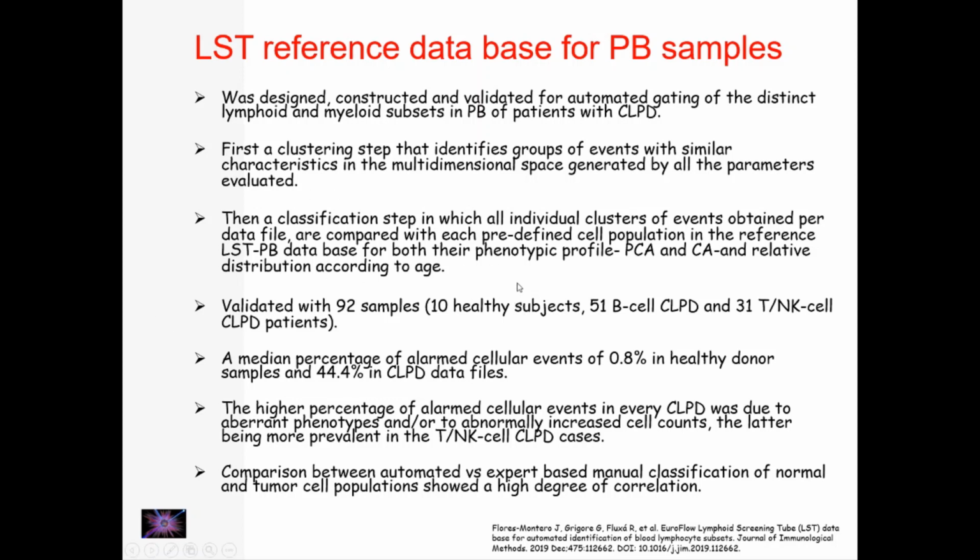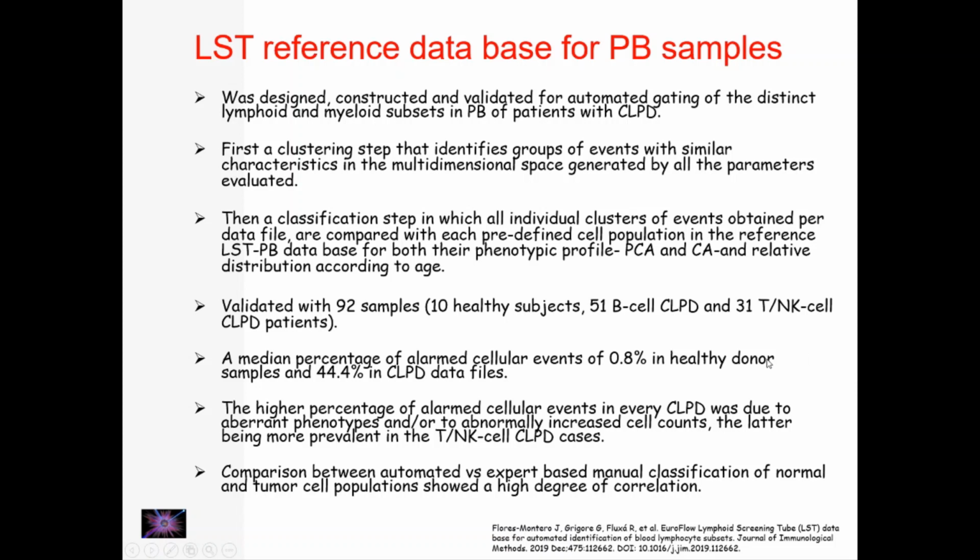And this database was validated with 92 samples of 10 LC subjects, 51 B-cell CLPD and 31 T and NK cell CLPD patients. A median percentage of alarmed cellular events of 0.8% in LC donor samples and 44.4% in CLPD data files.